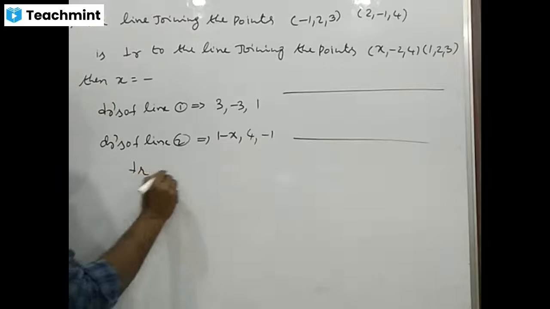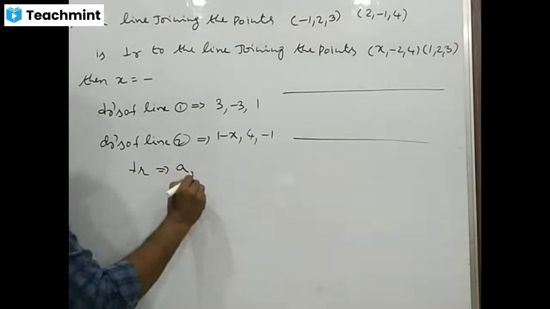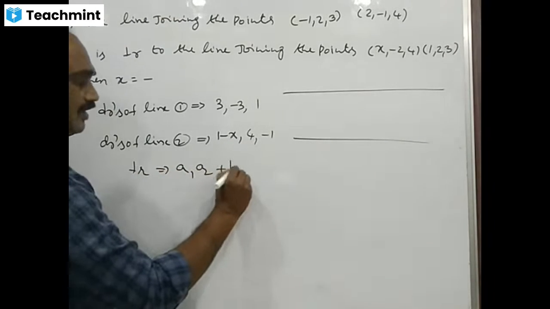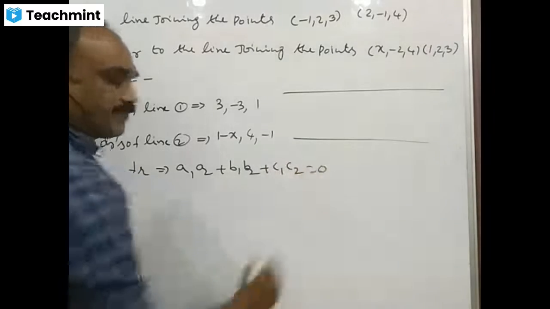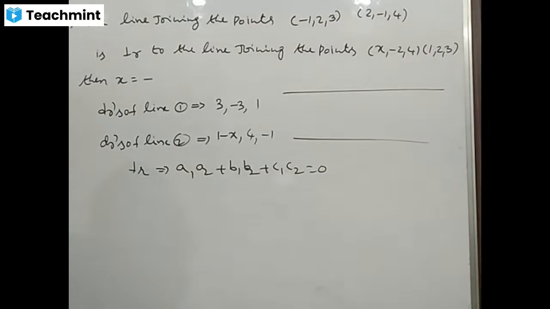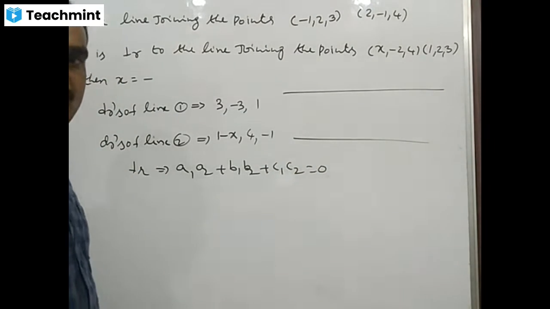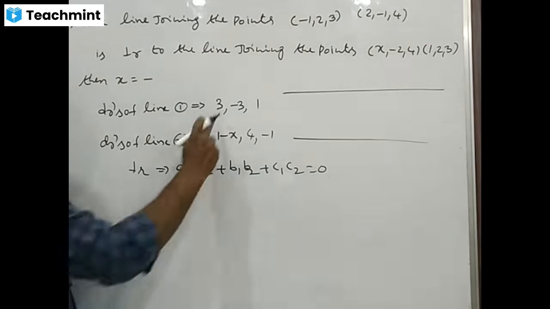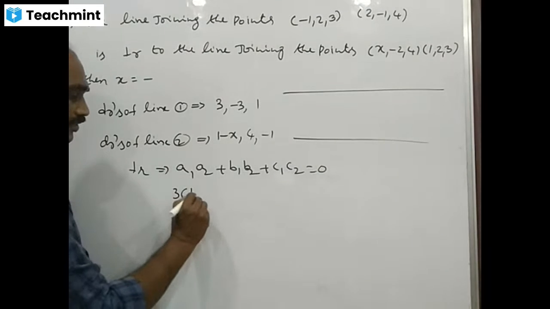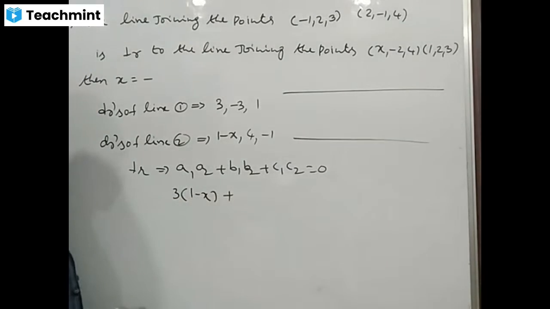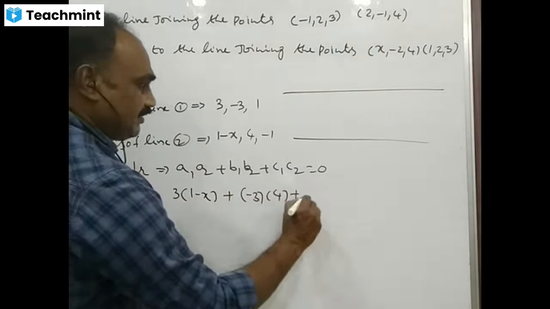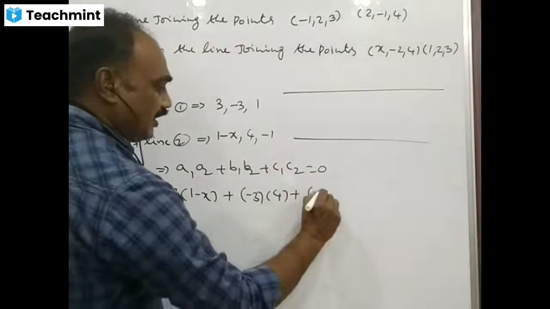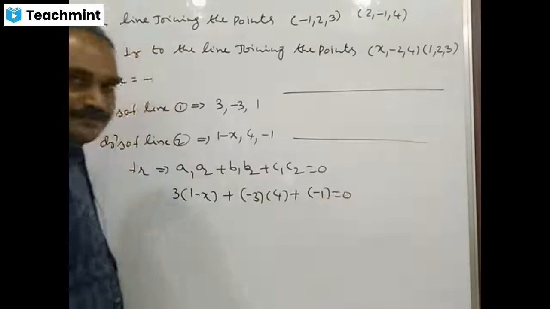Friends, perpendicular: a1 a2 plus b1 b2 plus c1 c2 is equal to 0. Parallel: a1 by a2 is equal to b1 by b2 is equal to c1 by c2. a1 a2: 3 into (1 minus x), plus b1 b2: minus 3 into 4, plus c1 c2: 1 into minus 1, is equal to 0.